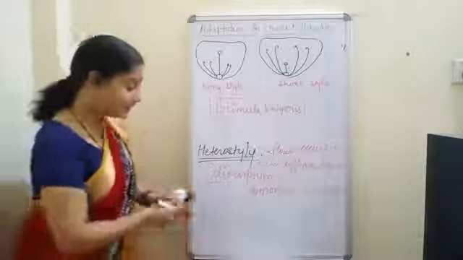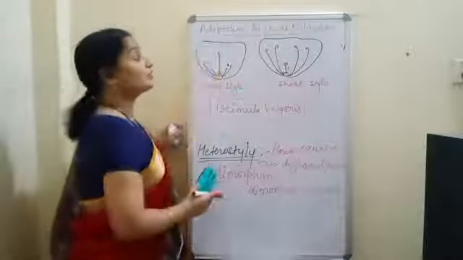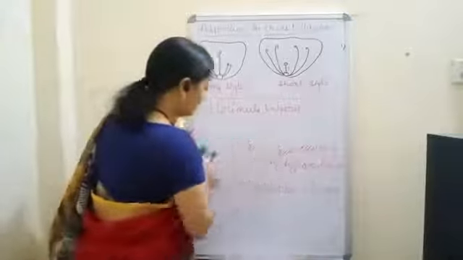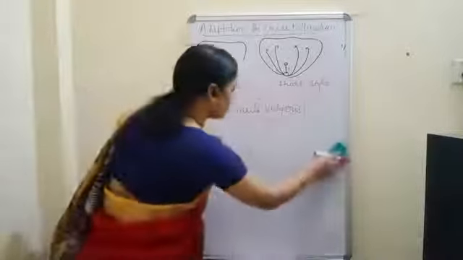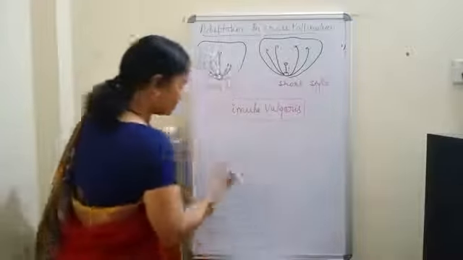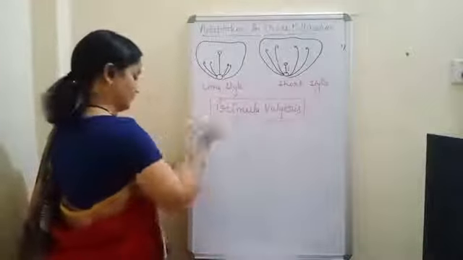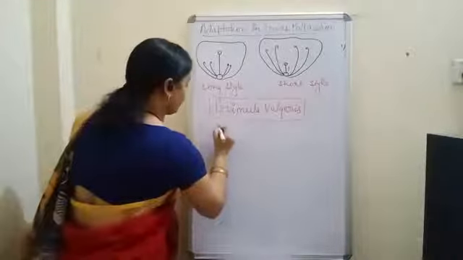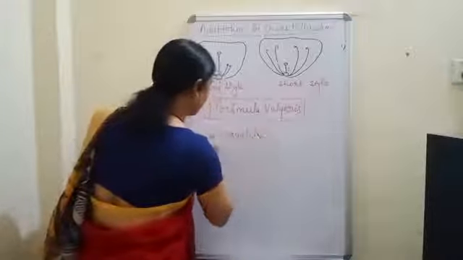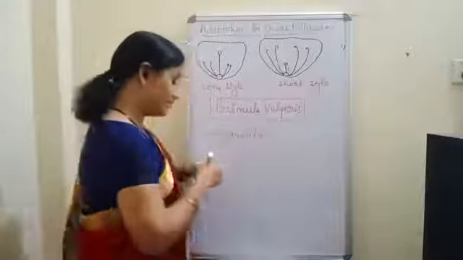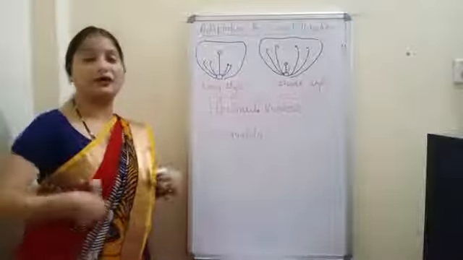Clear? The fifth condition which favors cross-pollination is unisexuality. Now see children, the meaning of unisexuality is clear. That is a flower which consists of either the male part of the flower or the female part of the flower.